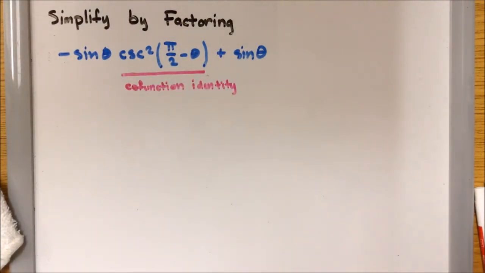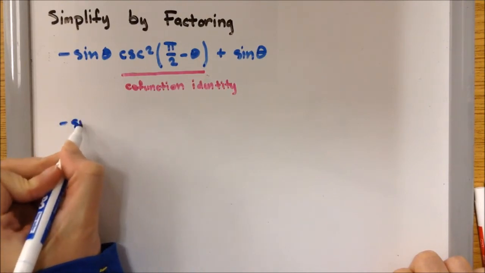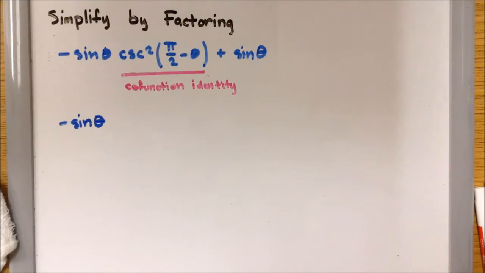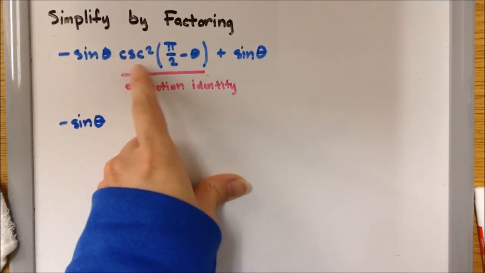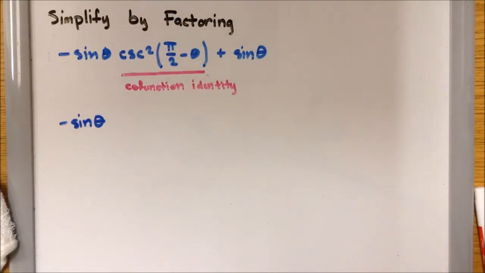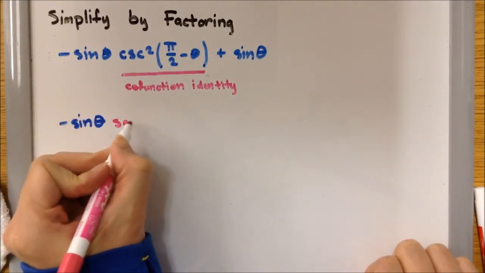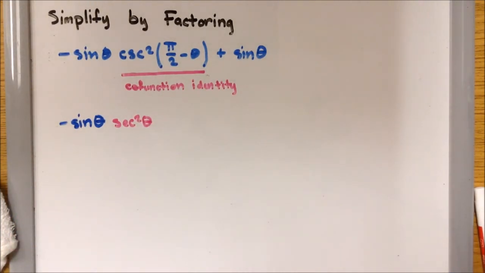So what I'm going to do is I'm going to rewrite it. So the first part is negative sine theta. Now for the one that I underlined, cosecant square of pi over 2 minus theta, I'm going to rewrite it as, according to the cofunction identity, secant square theta, and then plus sine theta.